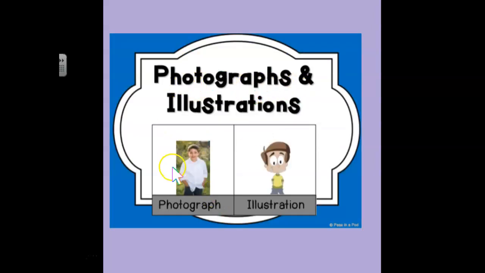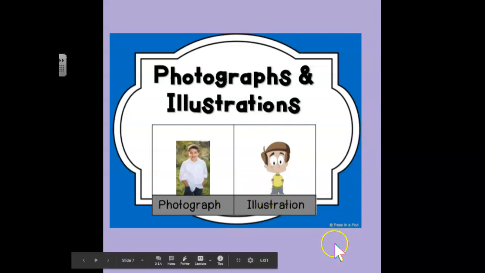Okay, we have photographs. Photographs are taken with what, boys and girls? A camera. And illustrations are made how? An illustrator draws, paints, colors them in some kind of way.